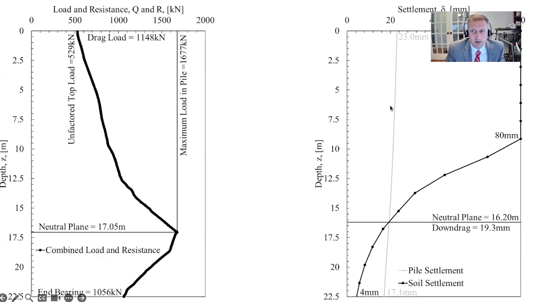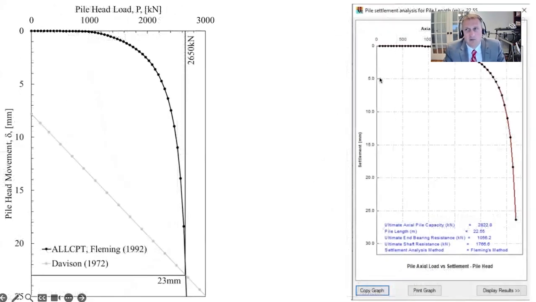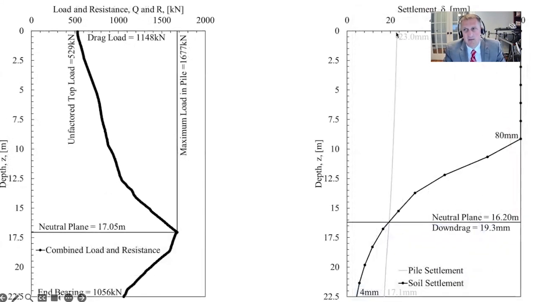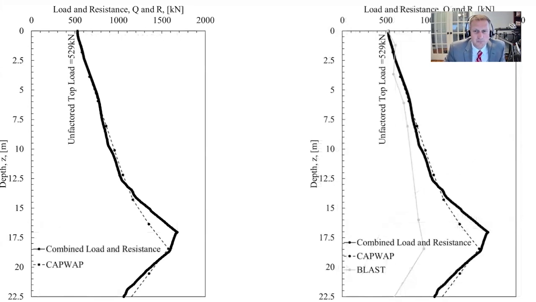And then for this pile, that movement came from the previous curve. So that's my top movement. I put that in, take into account the elastic compression, and where those two interact, that's the location of the neutral plane. So the locations of the neutral plane are within 0.8 meters of each other, and that's good. If that number is usually within 5 feet, we can say that that's a good result.